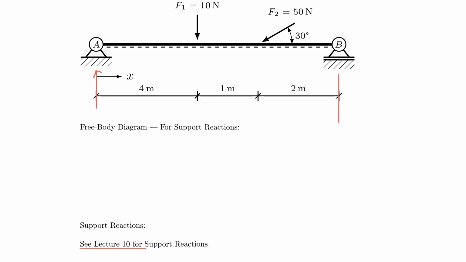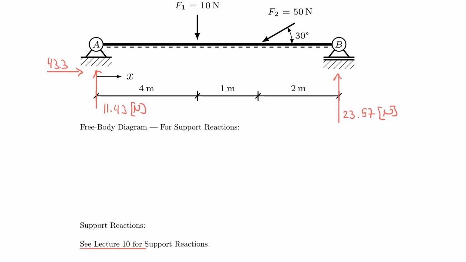And I had a support reaction that was acting in the right direction on the left side. And the numerical values here were 43.3, and the vertical one was 11.43, and the second vertical one was 23.57. Of course, all in Newton in this case.